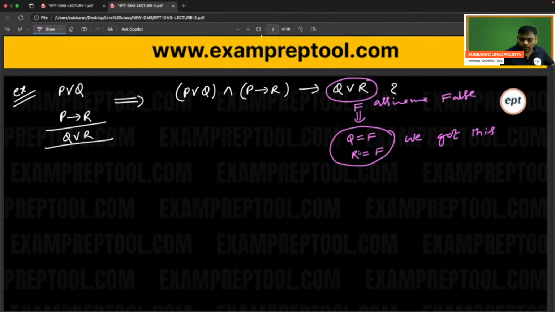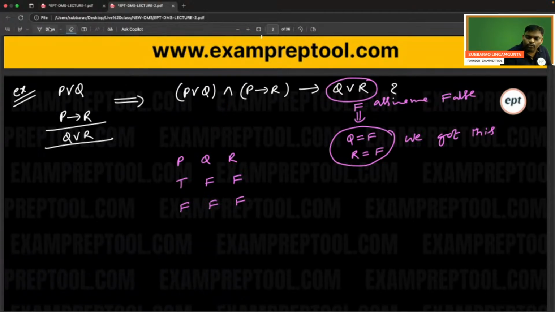Let me substitute here. If you observe clearly on the left side, P is there, Q is there, R is there. But Q and R are already fixed; they are both false. Only P is left, so P has only two choices: P can be true, P can be false. Let me write it now: P, Q, R, with Q false, R false, and P may be true or false.